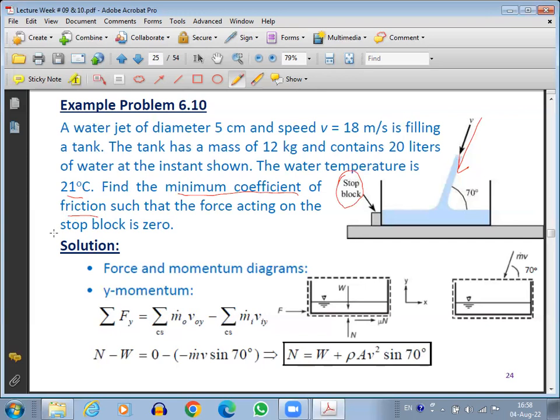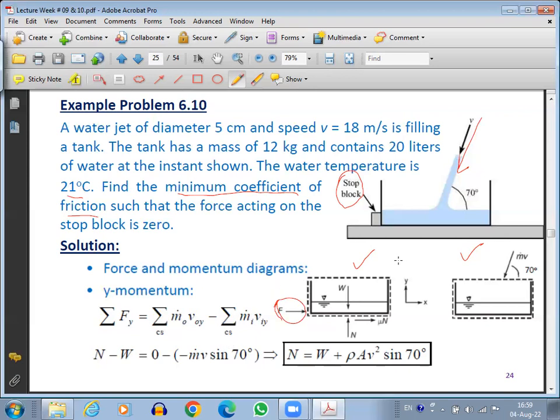Okay, so first we are going to draw the free body diagram, that is the force diagram and the momentum diagram. We have three forces here: weight, normal force, and the force of friction. Remember, the force of friction always acts in the opposite direction to where the force is applied.